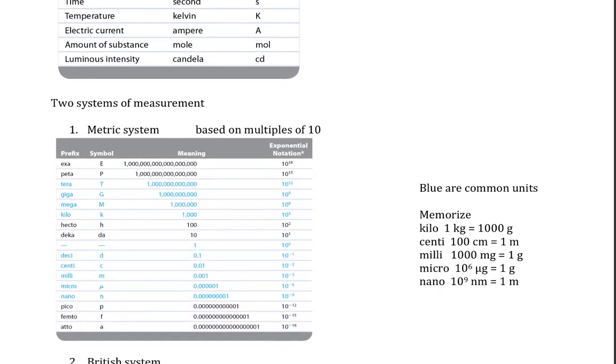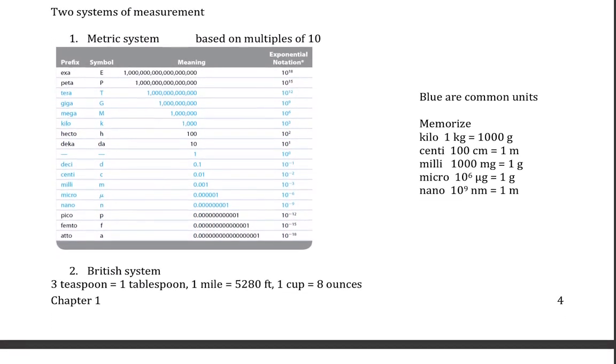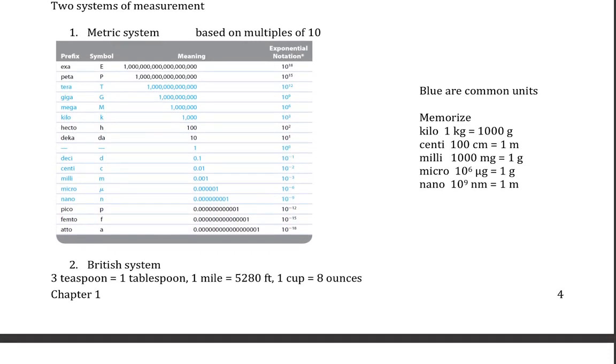In America, we are exposed to two systems of measurement: the metric system, when we're working in our science classes, and the British system at home. The metric system is the one that we will pretty much use exclusively in our science classes.